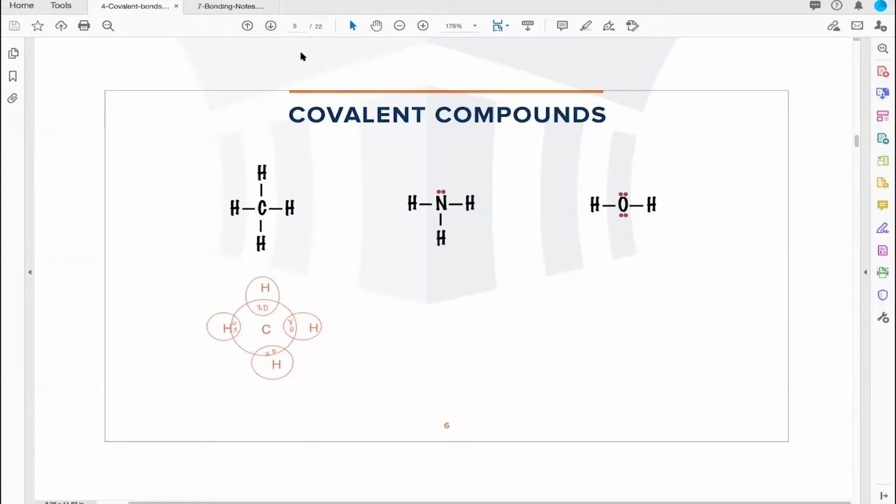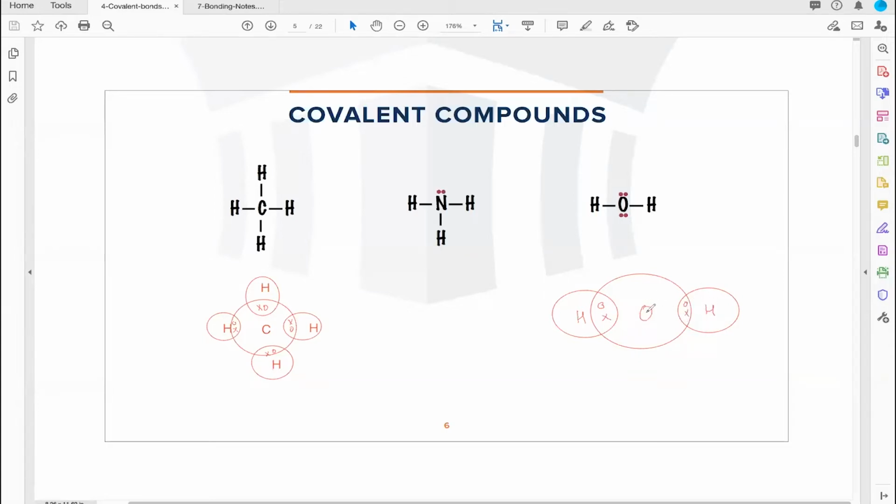Let me do it for water now. And I would like you to do other things. So this is water. There's hydrogen on one side and there's another hydrogen on the other side. Why am I drawing it like that? Because oxygen is the central atom and there's hydrogen on the sides. Okay. Now I'll start filling electrons from the outside atoms first. So hydrogen, one pair. This hydrogen, one pair. Hydrogen has one electron, it has shared that.